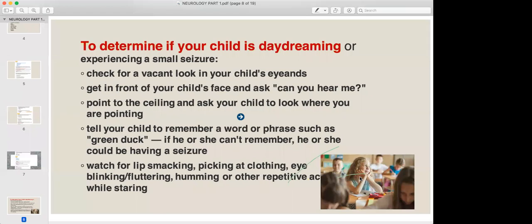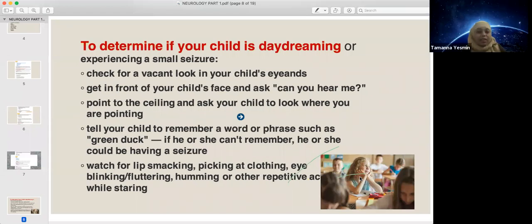Watch for lip smacking, picking at clothes, eye blinking, fluttering, humming, or other repetitive behaviors while staring, because sometimes in absence the child may have these symptoms, but in daydreaming the child usually does not have these problems.